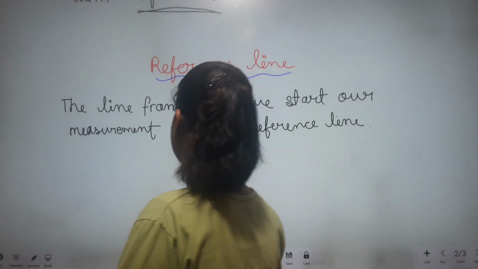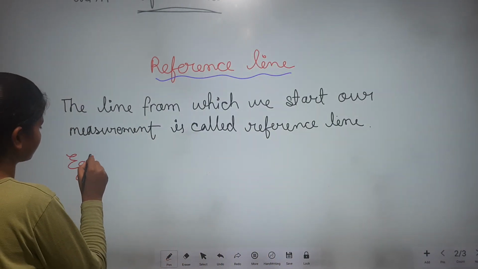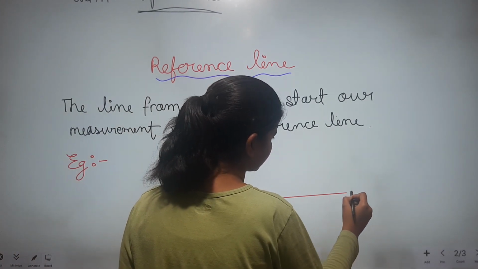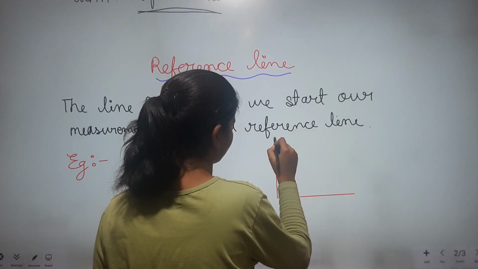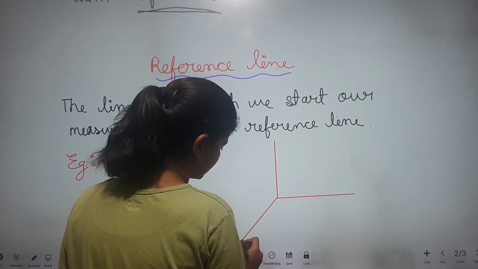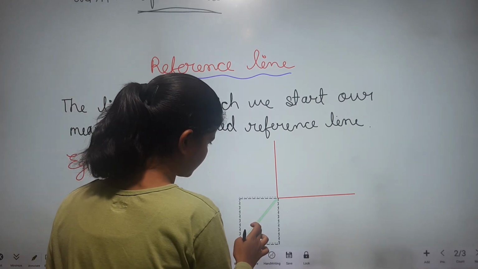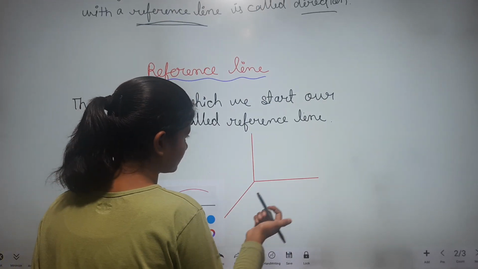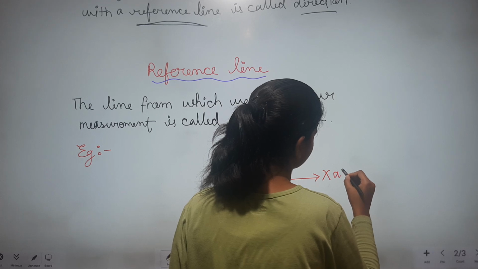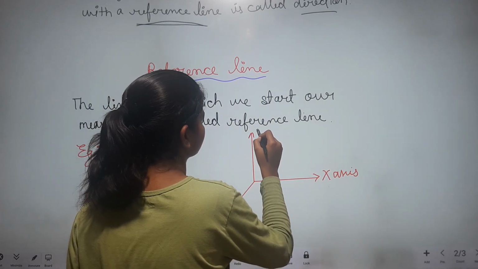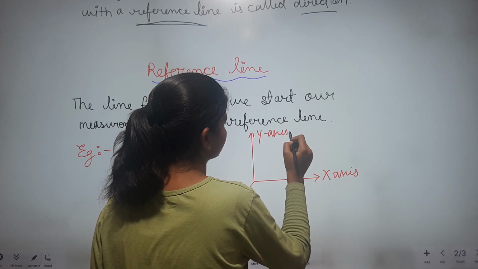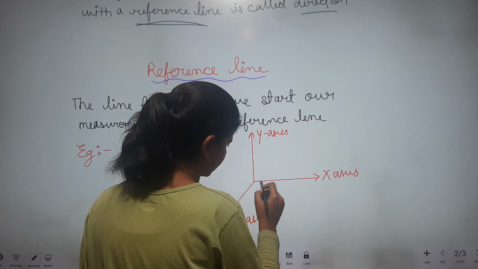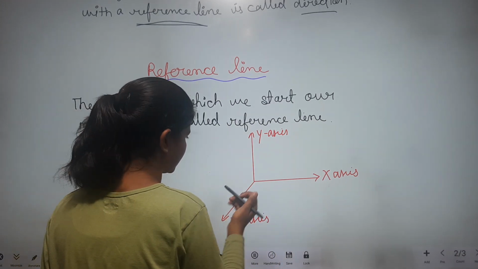For example, we can see the x-axis, y-axis, and this is our z-axis, and all in this line with 90 degrees.